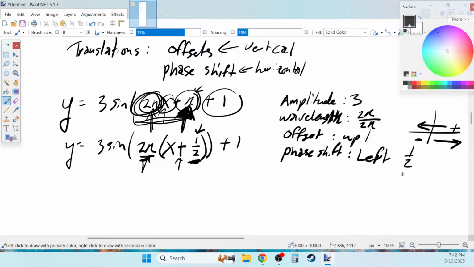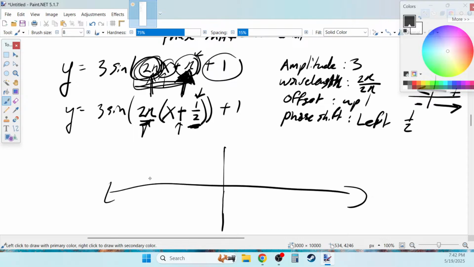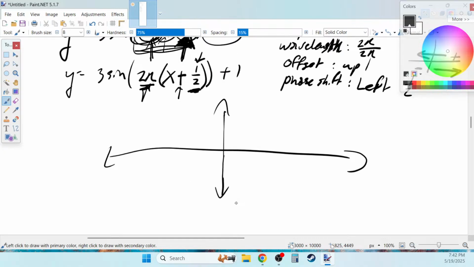Let's show how to use this information to graph our function. So, first off, we draw our axes. That will do for us. Then the next thing I want to do, the way that I graph these is I do the offset first.